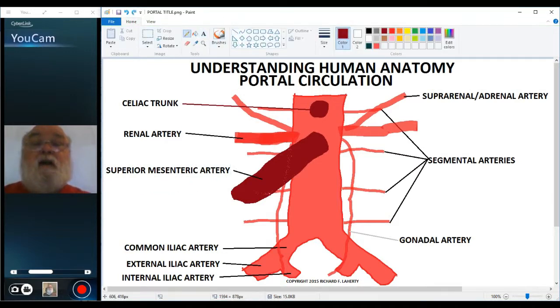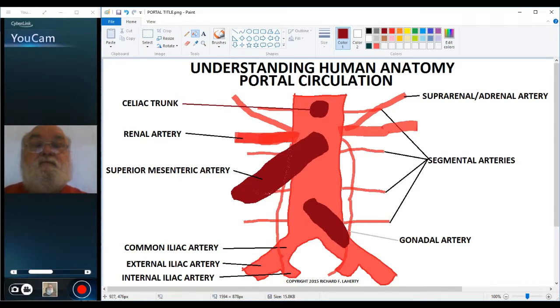Draw a line. And finally is the inferior mesenteric artery, which branches off of the aorta and then runs to the left side and inferiorly. And it is running over to the sigmoid colon area.